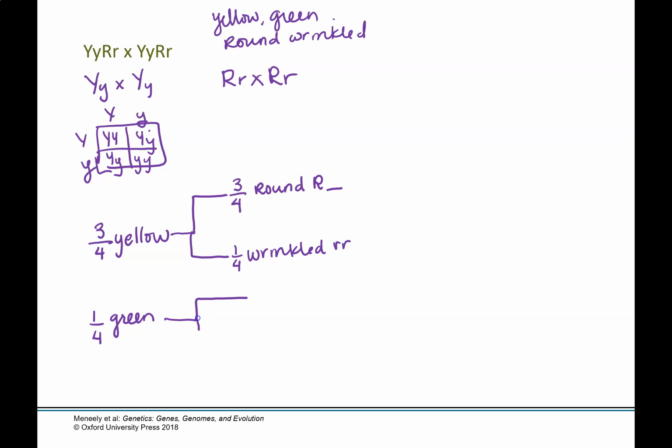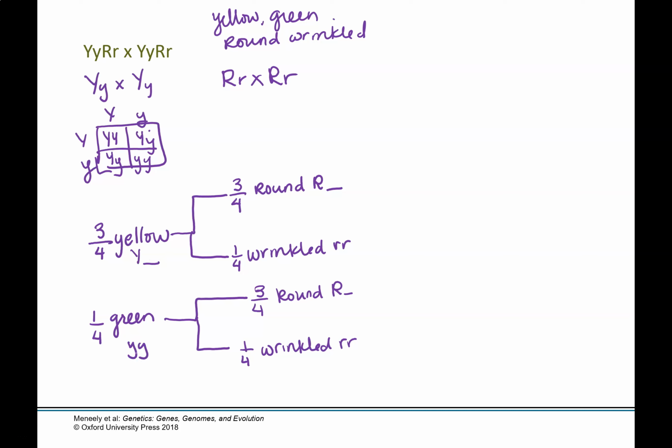Same thing down here on the bottom. There's a 3/4 chance that you will get round with either genotype, and a 1/4 chance that you will get wrinkled with the homozygous recessive.